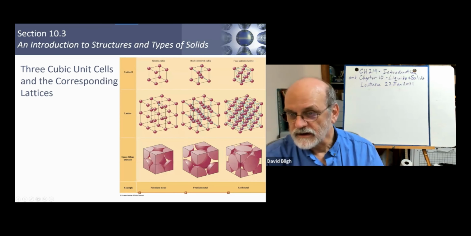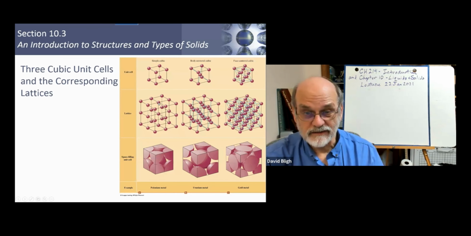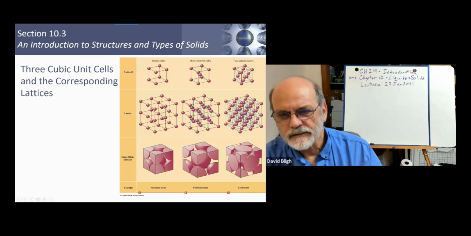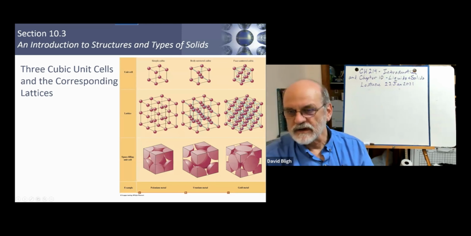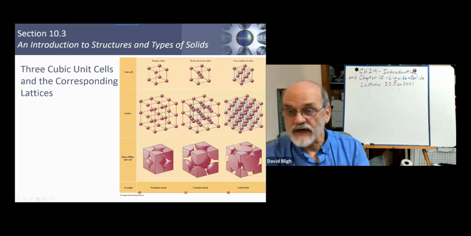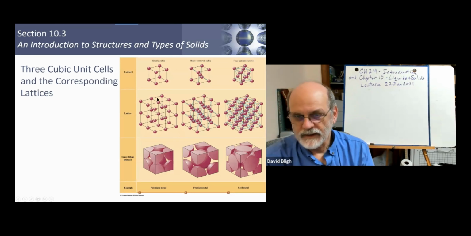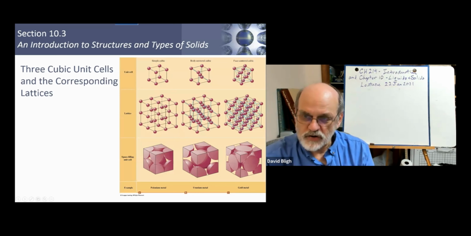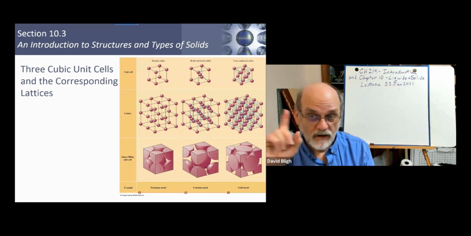So that one has to be split 6 ways. Does that make sense? Let's see. Cut it in half of those 2, cut it in half of these 2. No, it's actually an 1/8. An 1/8 of that atom belongs to that 1 cubic unit. And if you have 1, 2, 3, 4, 5, 6, 7, 8, and only an 1/8 of each one, then that simple cube really only represents 1 atom.